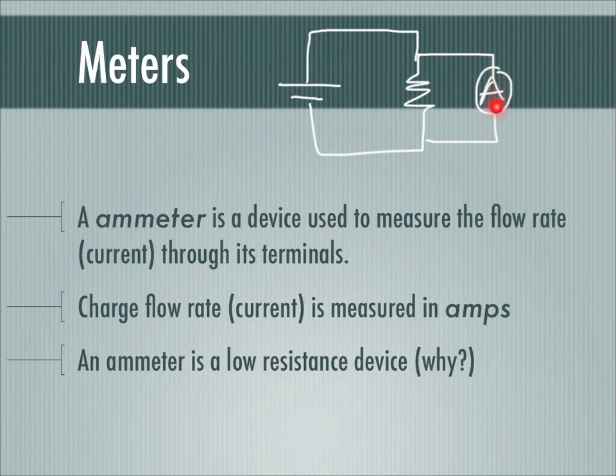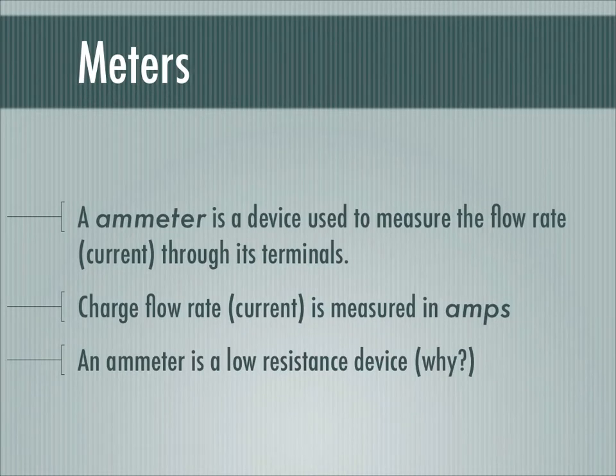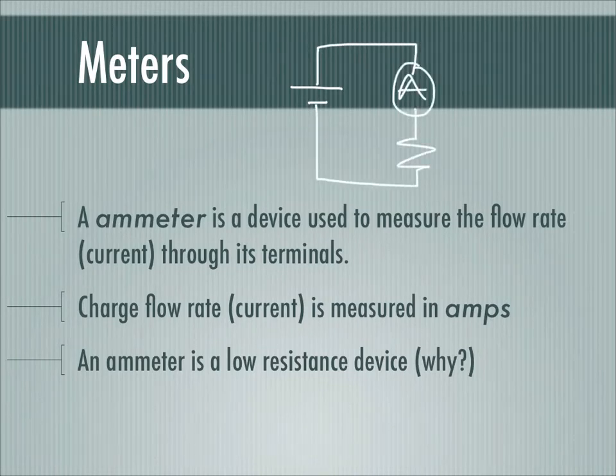This flow is diverting around the resistor. But if I want to measure the flow rate going through the resistor, I don't want to give it an alternate path. So I want to put it in the same path like this so that everybody that's going to go through the resistor has to go through the meter.